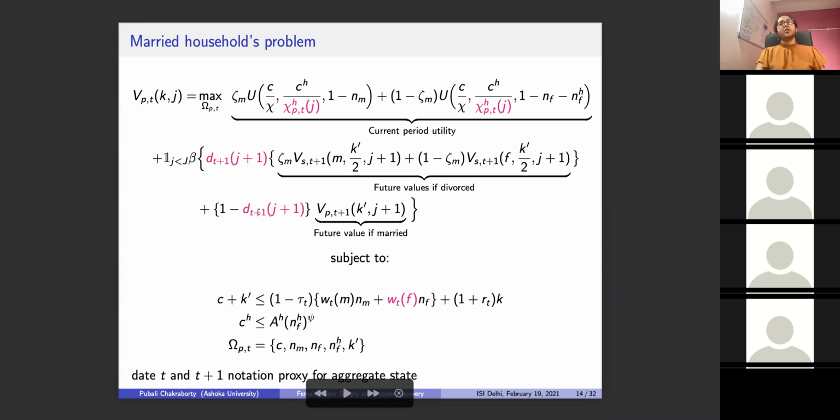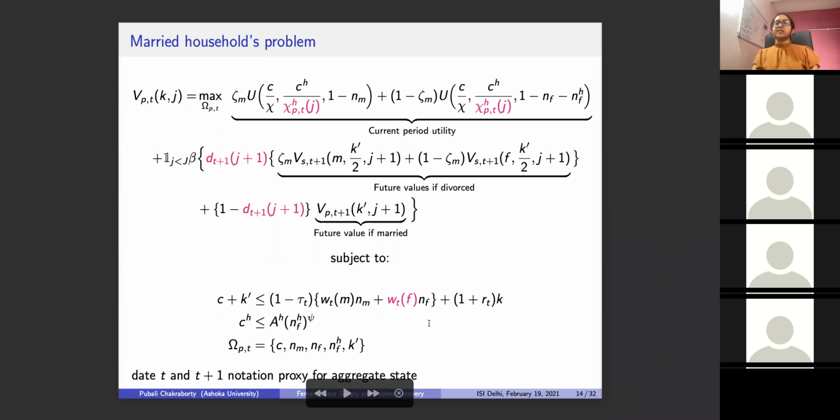If I do not receive the divorce shock, then I just continue being a coupled household, and that's going to be my future value if I'm married. If I do receive the divorce shock, then the future value is the weighted sum of the future values of individuals who would be single. This takes into account that there is a 50-50 split of the asset, which enters the value function of the single household.